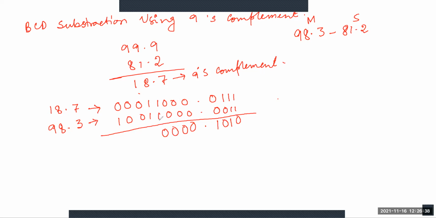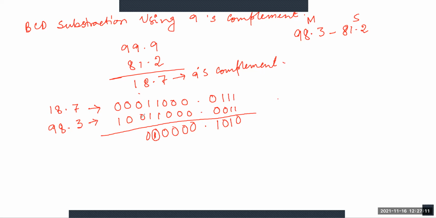But remember, this carry 1 is not added to the next bit, because the BCD digit groups are different. Again 1 plus 1 is 0, carry 1.